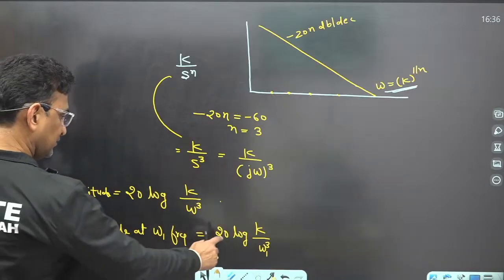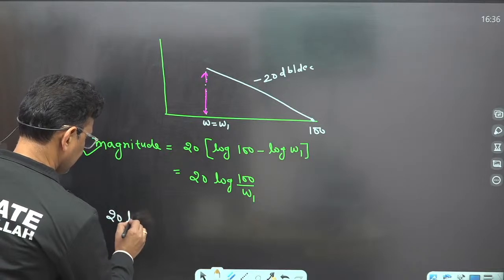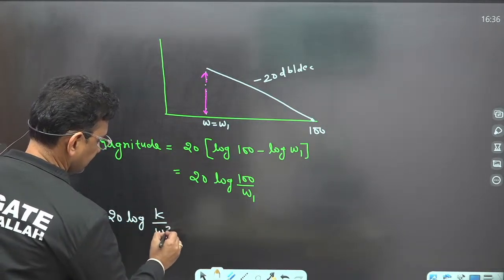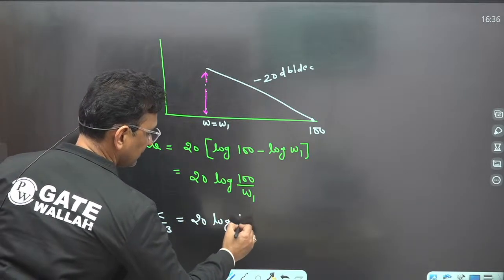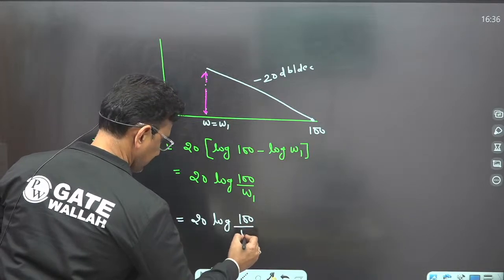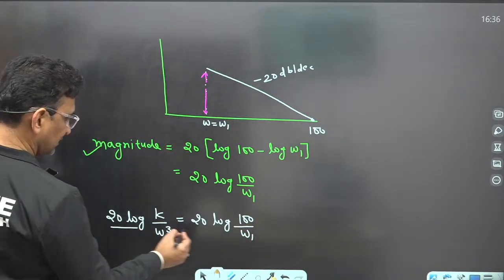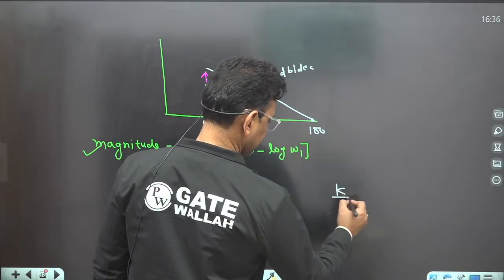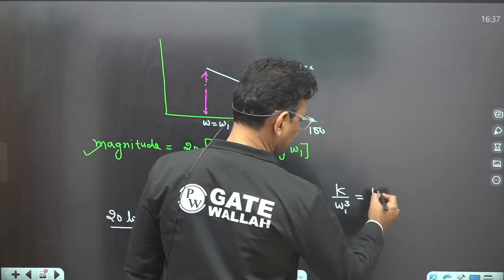That means 20 log k upon omega 1 cubed is equal to 20 log 100 upon omega 1. 20 log is the same, that means k upon omega 1 cubed is 100 upon omega 1.